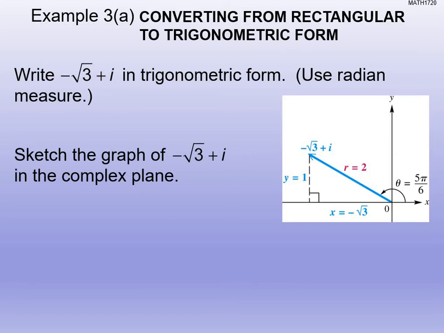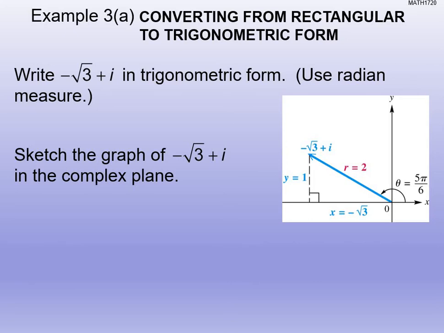What's the good reason for sketching this graph? So that we can actually find the y piece. We should know what the y piece is because it's i, but what's in front of the i is a 1, so we're looking for the numerical value there. But when we graph this out, we can see negative square root of 3 in the real direction and a plus 1i in the imaginary direction.